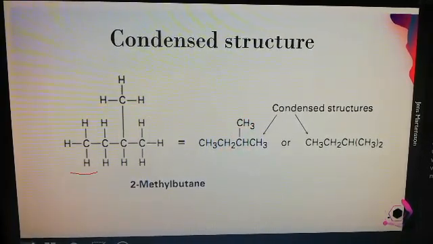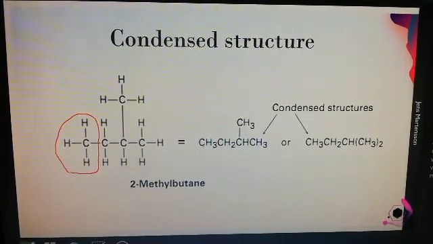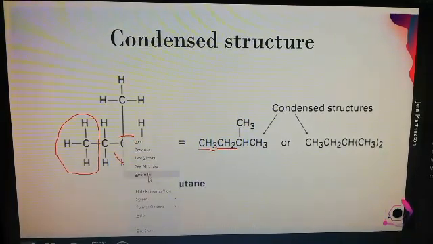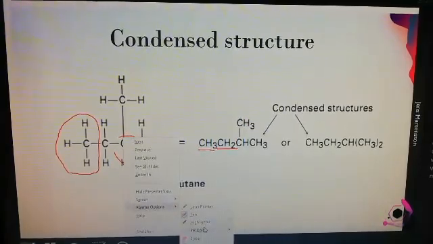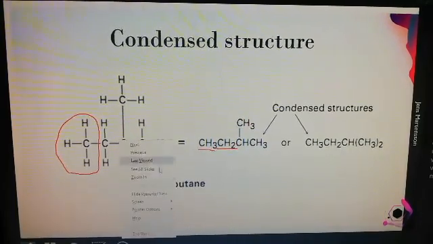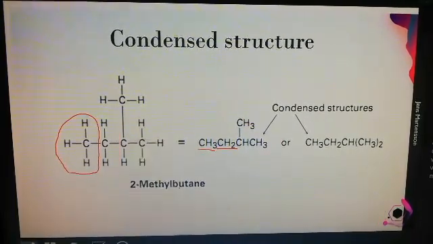So, on the first carbon, meron siyang tatlong hydrogen. So, we would write it as CH3. On this one naman, dalawa, CH2. And then, on the third carbon, we have 1 hydrogen.